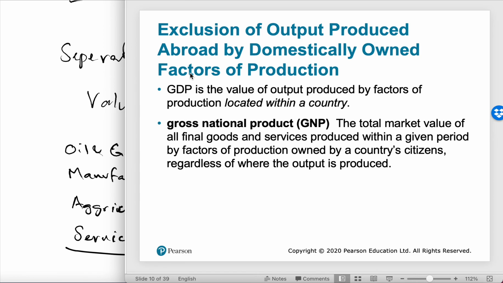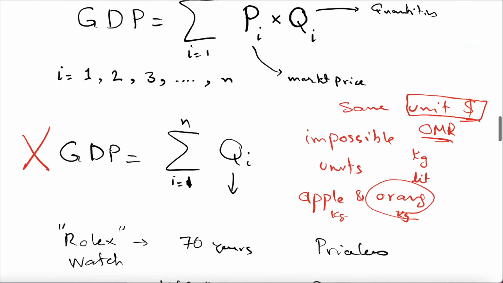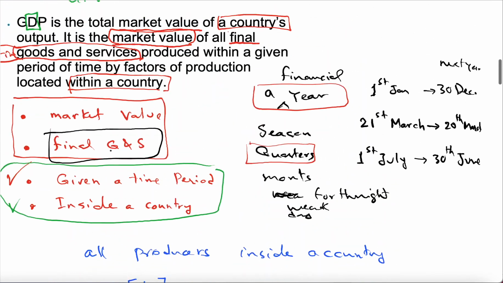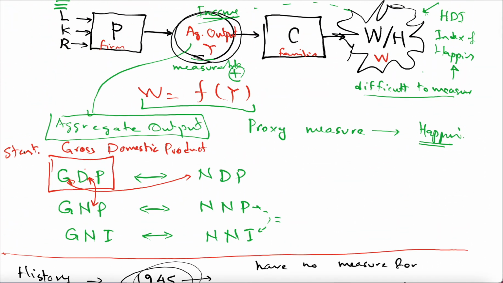The distinction between GDP and GNP, this is also interesting. I already told you that there are several ways of measuring the aggregate output, GDP and GNP. What is the difference?